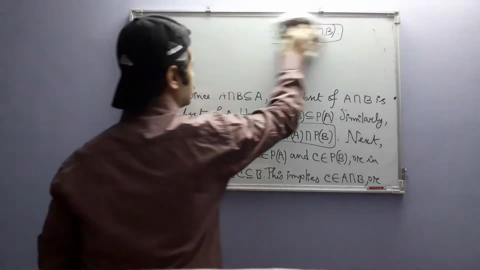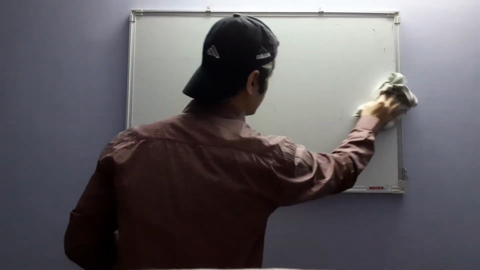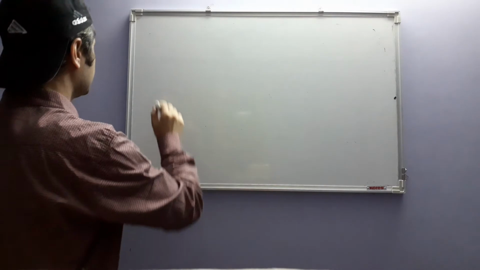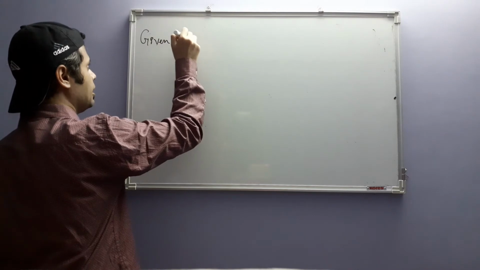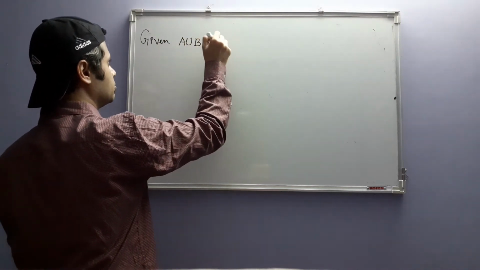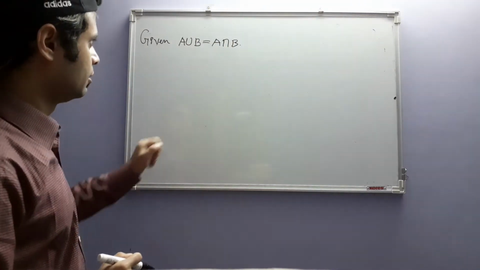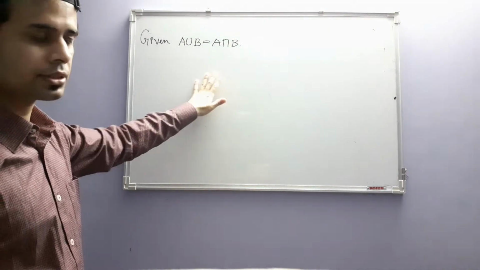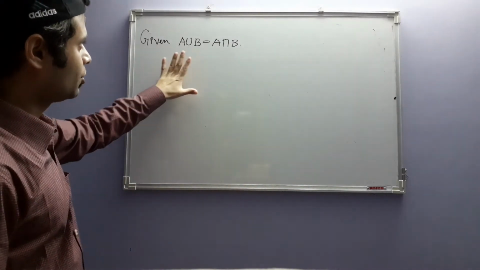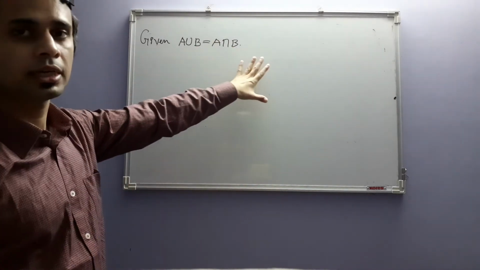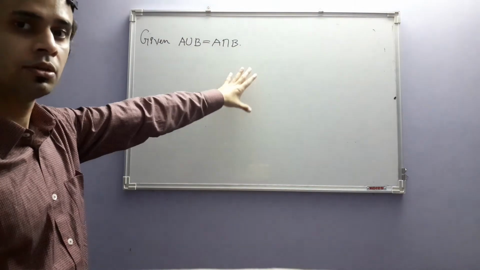For the second part, we are given this: A union B is equal to A intersection B. We have to show that A and B are equal. We can do this by considering elements and in the usual way showing that A is equal to B. But instead, I would like to try set-theoretic relationships or identities here so that we can get the job done without considering elements.